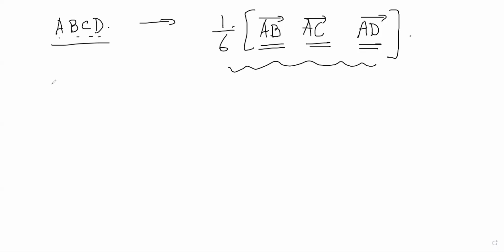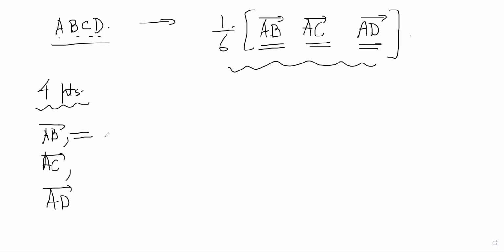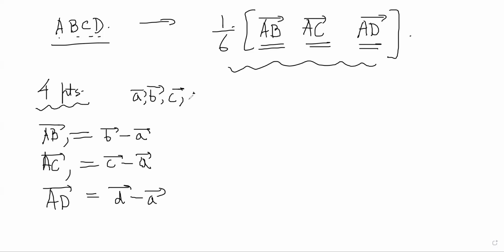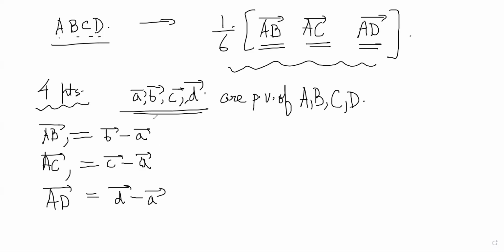If the coordinates of 4 points are given, from those 4 points I can find the vectors AB, AC, and AD by doing position vector of B minus A, C minus A, and D minus A. Here, A, B, C, D are position vectors of capital A, B, C, D. Once we know position vectors, we can find these 3 vectors for the sides of the tetrahedron, and then you do the volume by doing 1/6 of the box product. So remember the idea of what we did to find the volume.